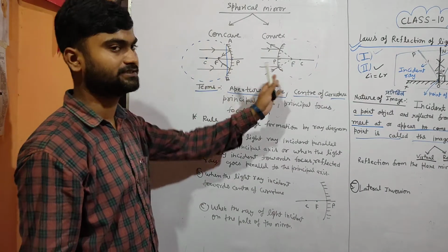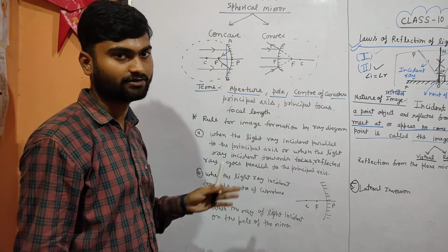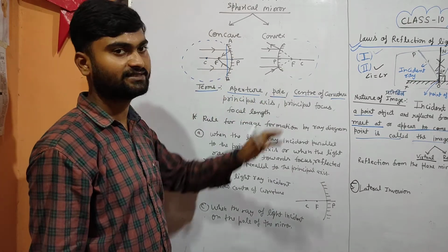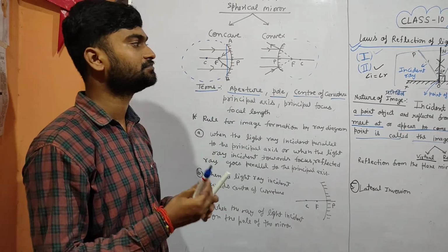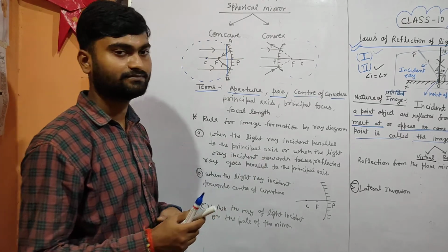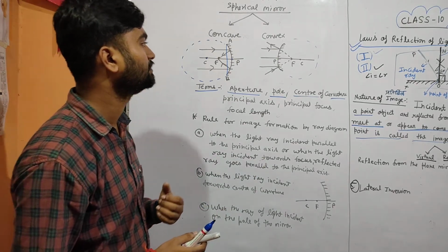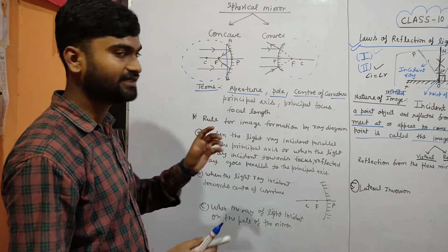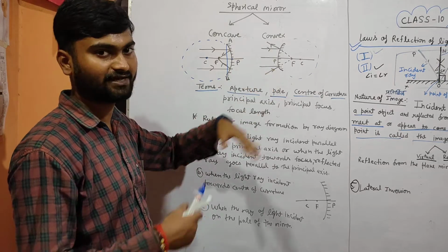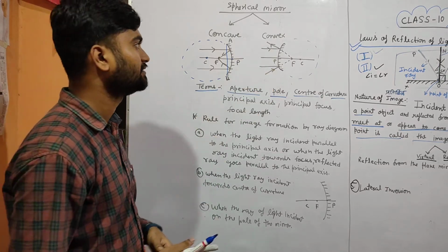So in both cases we use the same terminology, but in the concave and the convex some different language is used, because there is some difference in the reflection of a ray of light.